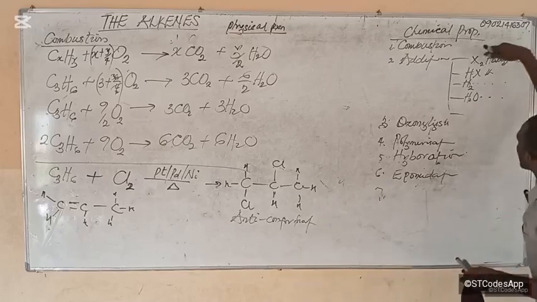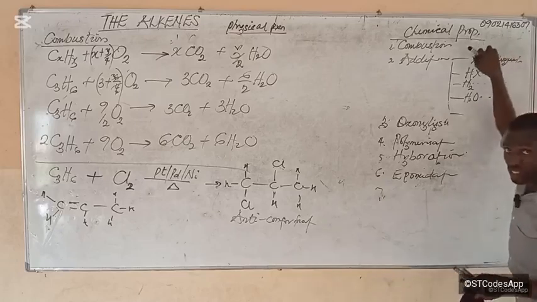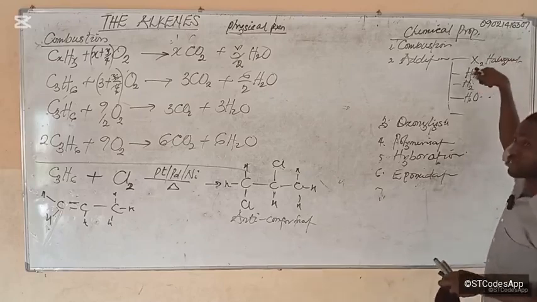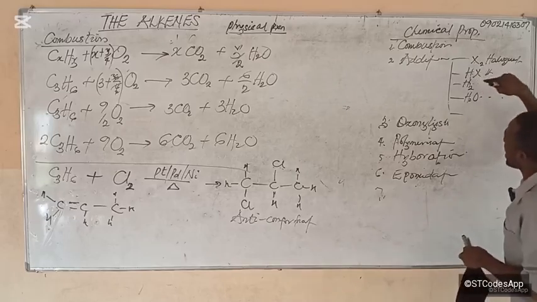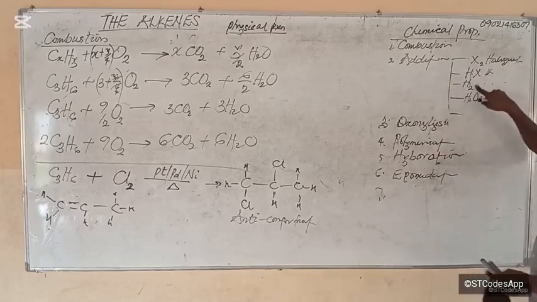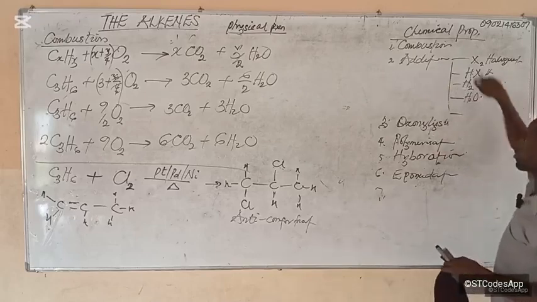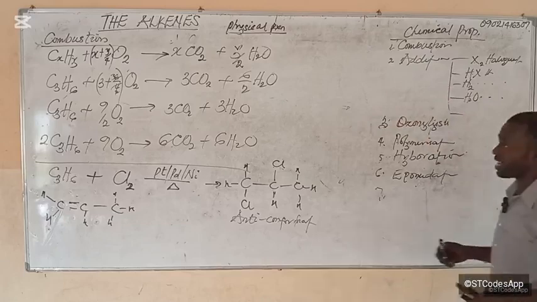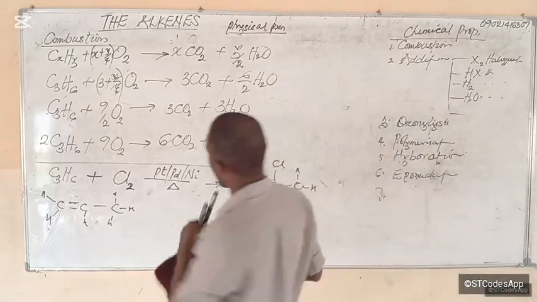Okay? Halogenation because we're adding halogens. Hydrohalogenation because we're adding hydrogen halide. Hydrogenation because we're adding only hydrogen, which means we are reducing or reduction of that alkene, for example. Then here, hydration.